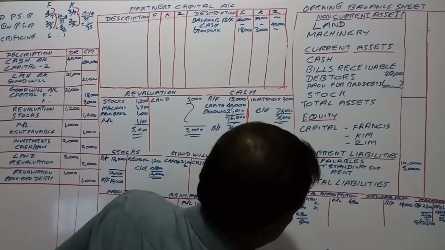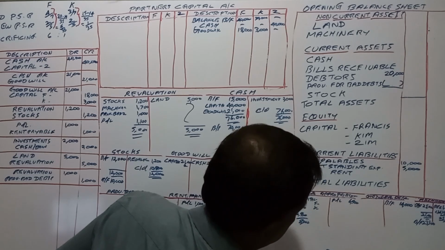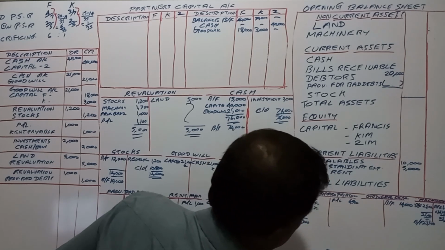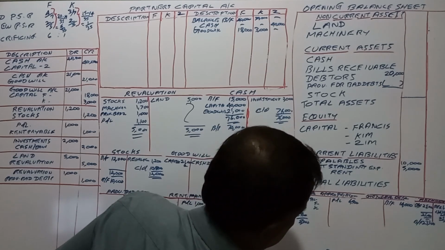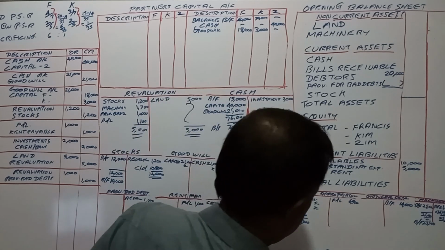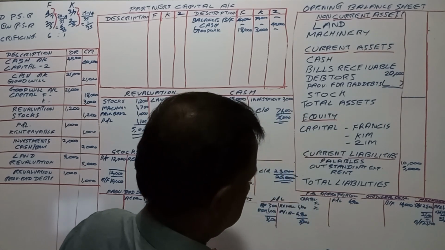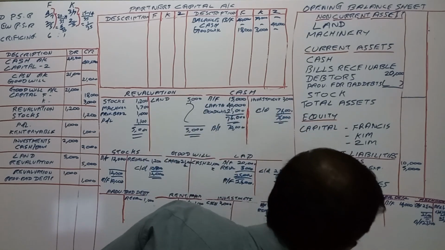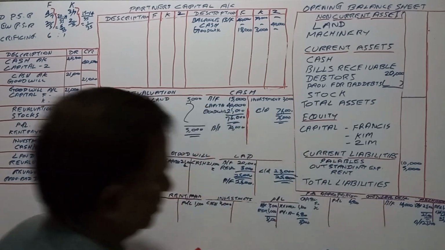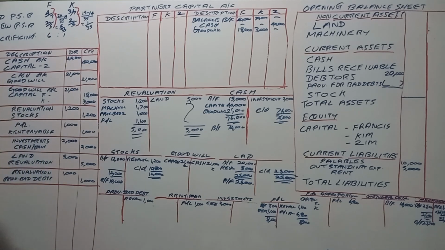Then 63, 9, 63. 8 means 4. 35. It is coming in the odd numbers, right? Odd numbers.